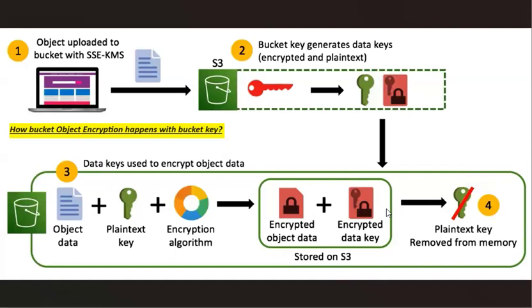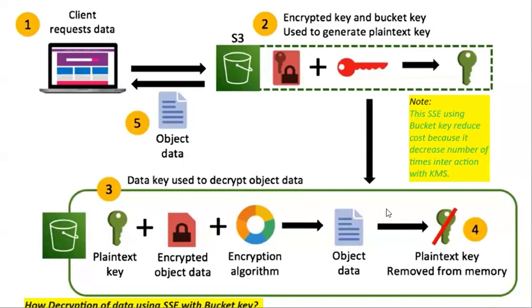Now, let's see how decryption happens using bucket keys. Whenever a client requests an object which is present in S3 and which is encrypted using bucket keys, it will check for the object.